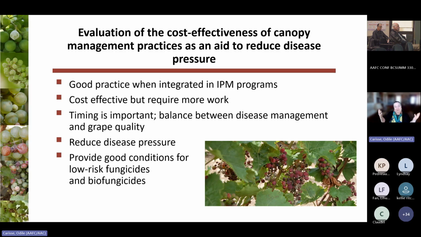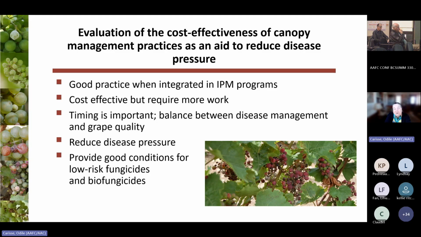If you use the leaf wetness outside the canopy, you won't really get the benefit of the leaf removal. So there was a significant impact on disease reduction, and it's a nice way to increase the effectiveness of low-risk fungicides and biofungicides.